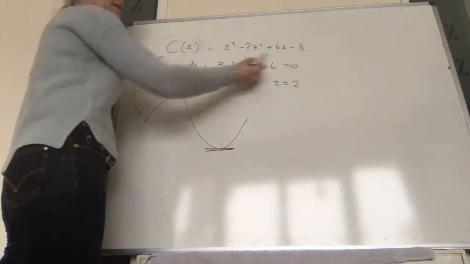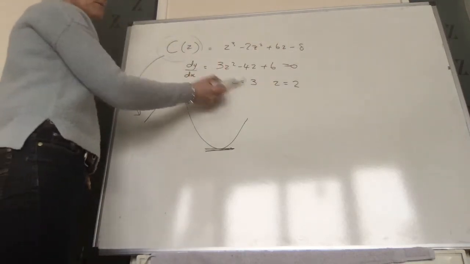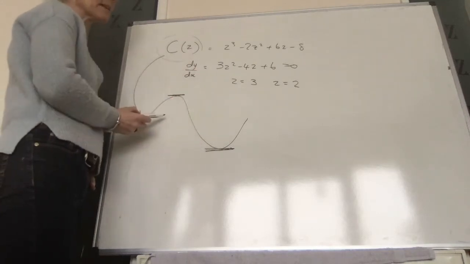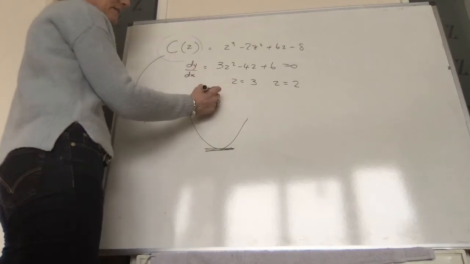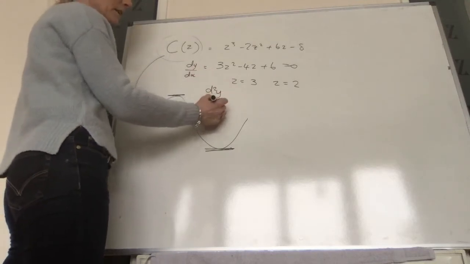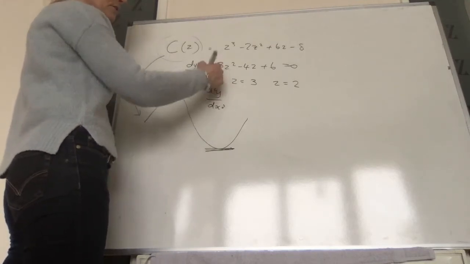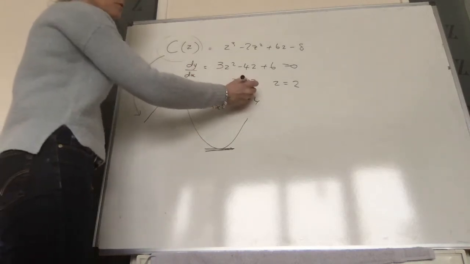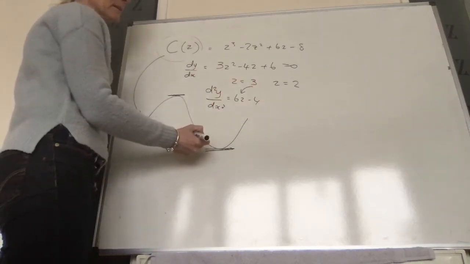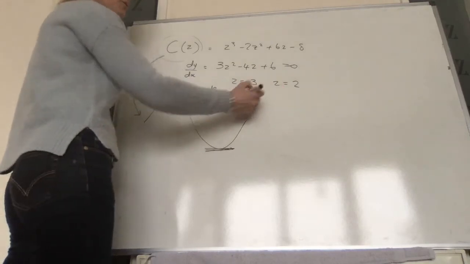It might not be a nice straightforward function, so you might not just be able to put it in and see, obviously. So if you remember, what you do is you differentiate a second time, you find d2y dx squared, so you'll get 6z minus 4 in this case. Then you will put your 3 in, and you will put your 2 in.